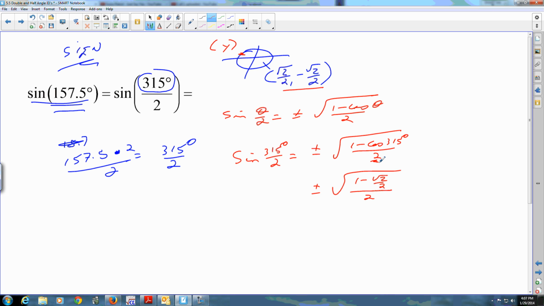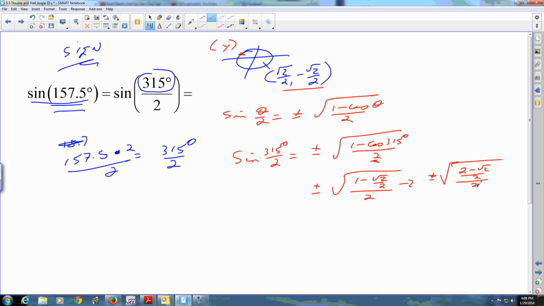That's this 2 that's here, over 2. Get a common denominator, and this is going to become plus or minus the square root of 2 minus the square root of 2 over 2, over 2. And that's all inside this root. That 2 down there is still inside it. If I clean that up and make it look a little more presentable.